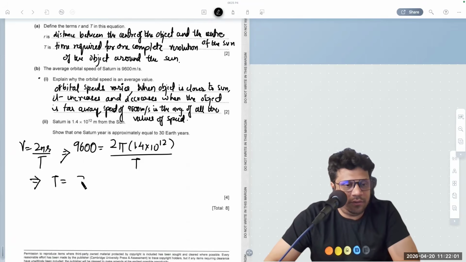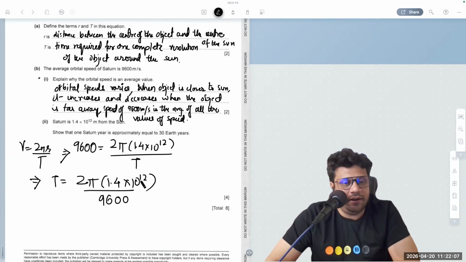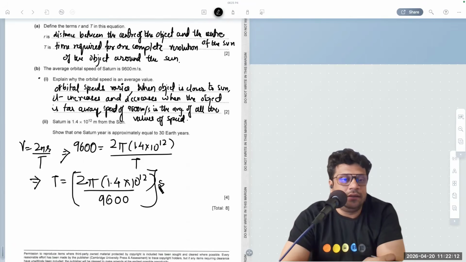It's supposed to be 2 pi into 1.4 into 10 to the power of 12 divided by 9600. That is it in seconds, if you can see.